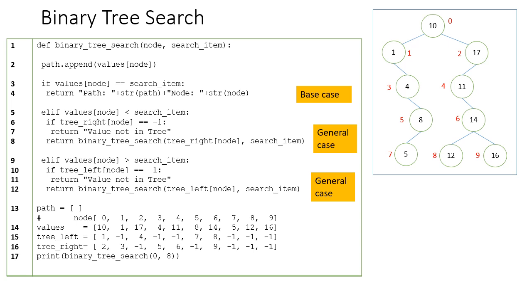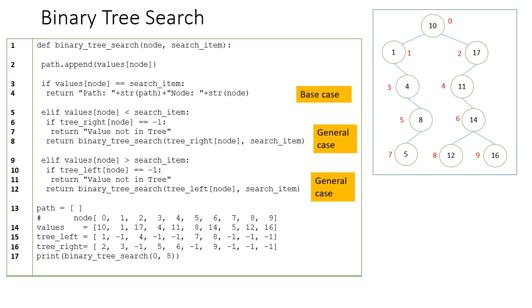This is the binary tree search algorithm code that we're going to use to trace. And you can see at the very bottom here, 14, 15, and 16, those values set out our tree. So we have the values in one list.